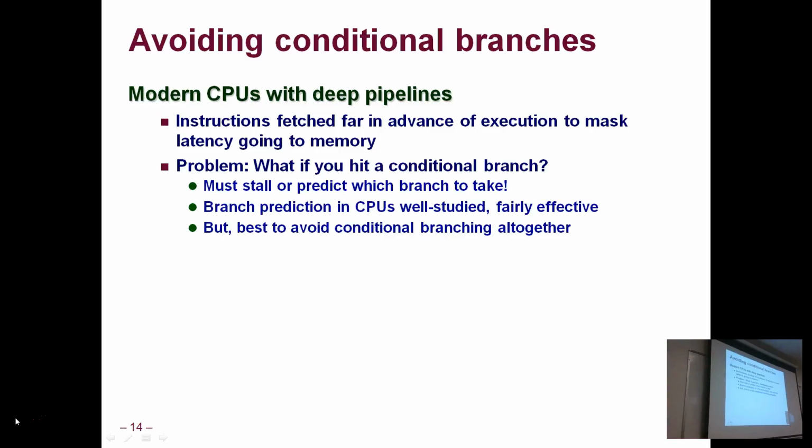As soon as it hits this conditional branch, it's like, well, what instruction do I fetch after that conditional branch? The then? The else? I have no idea. I could either stall the pipeline and wait for that condition to resolve and then start fetching instructions, or I can guess. I can just say, I'm guessing then this time, or I'm guessing else. I'm flipping a coin. So that's why conditional branches are bad.